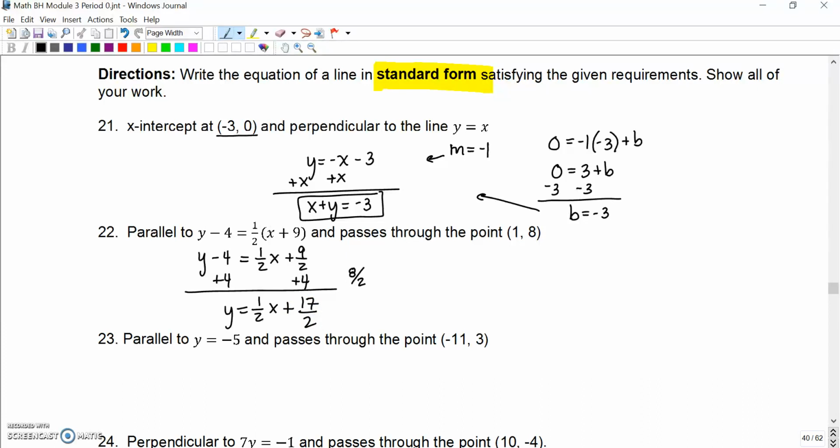And now that I have this in slope-intercept form, I'm going to take the slope, and for my new line, I'm going to keep it the same. I'm going to take my point, which is 1, 8, and I'm going to plug this into slope-intercept form and solve for b.